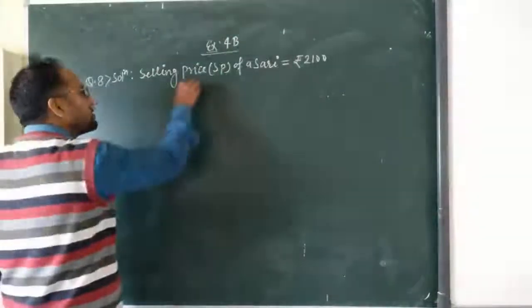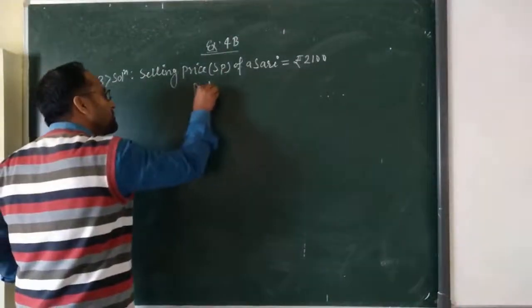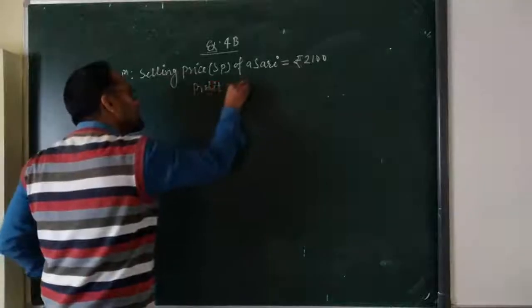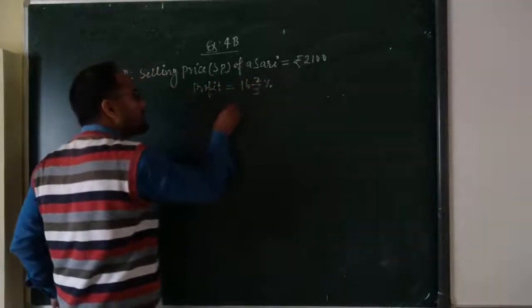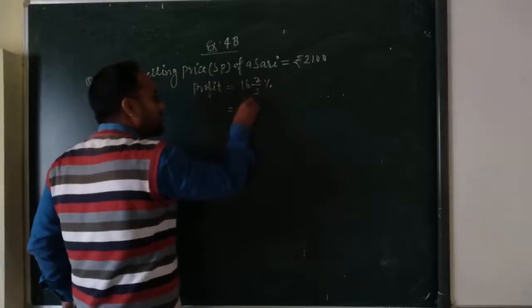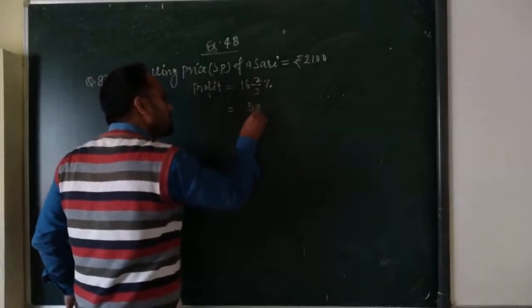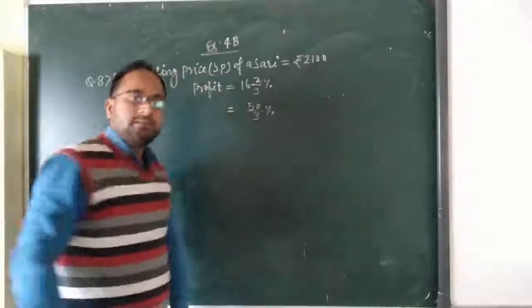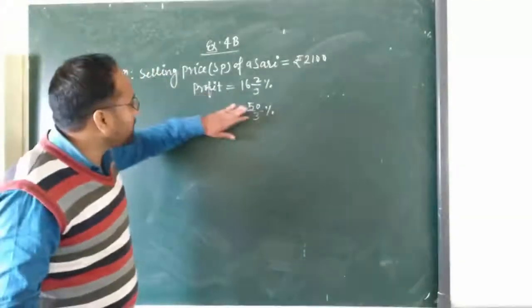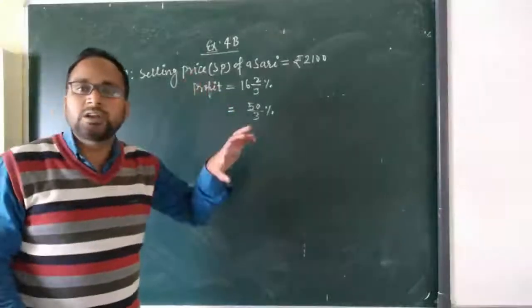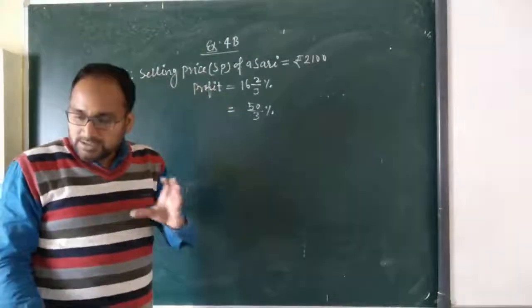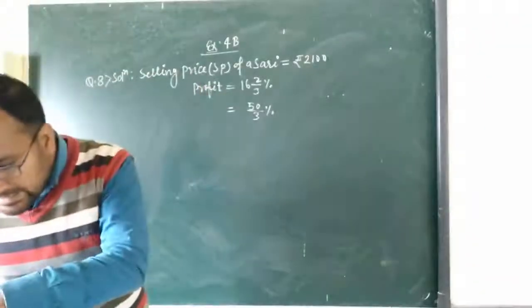Profit is 16 2/3%, which means 50 by 3%. So you know that profit or loss is calculated on cost price. So in this one, the cost price of a sari is asked.